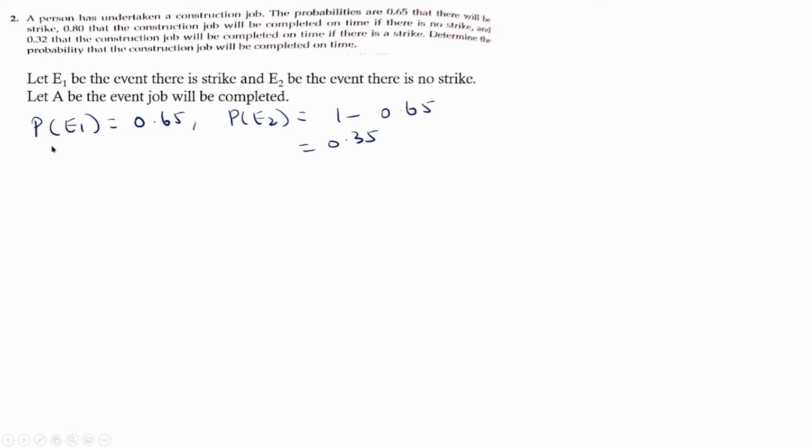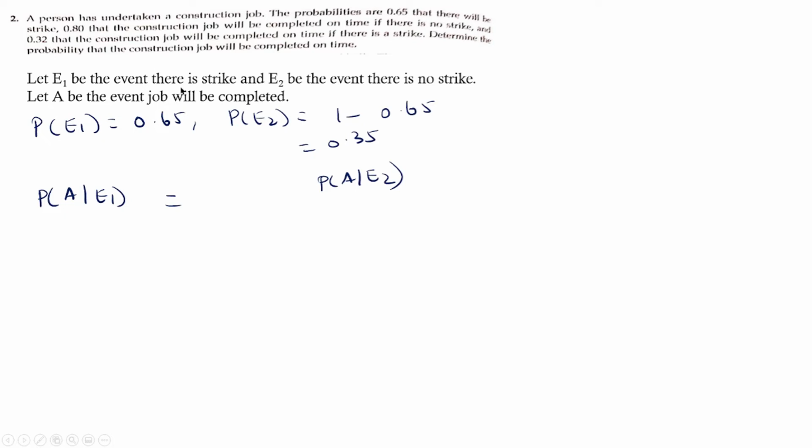Here we have to find probability of A using the theorem of total probability. So we need probability of A given E1 and probability of A given E2. So E1 is the event there is a strike.